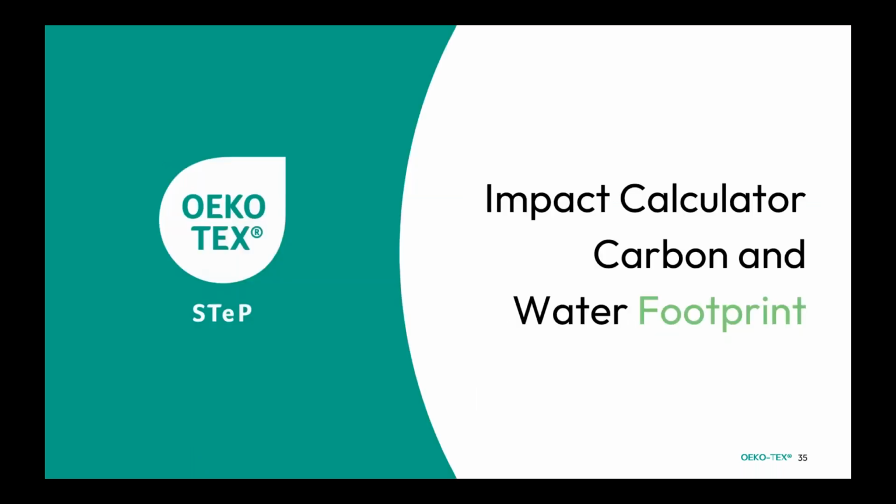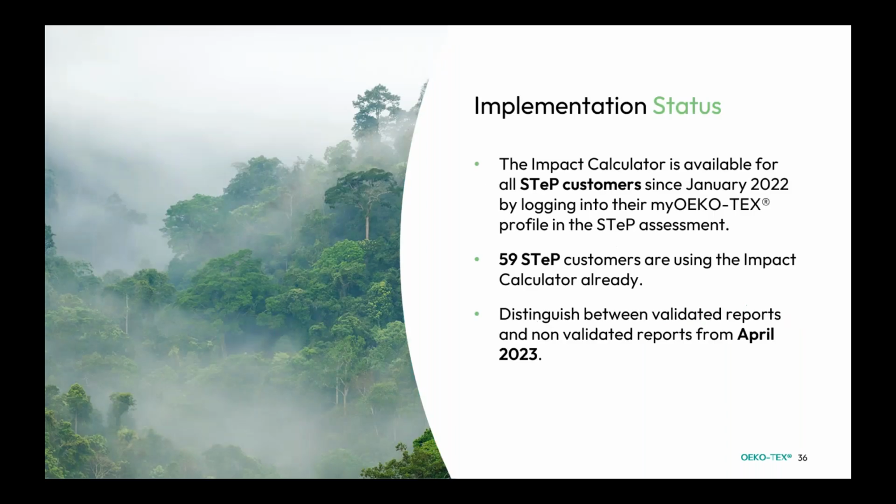So now let's move on to STEP. Specifically, let's start with the impact calculator for the carbon and water footprint. The impact calculator has been available for almost a year now for our STEP customers, since January 2022.